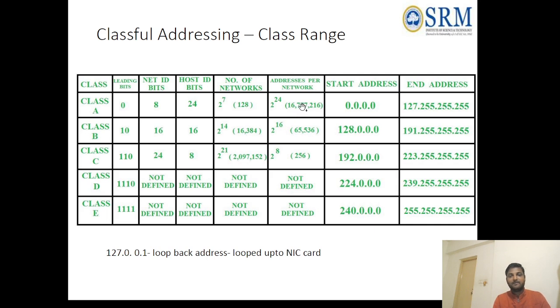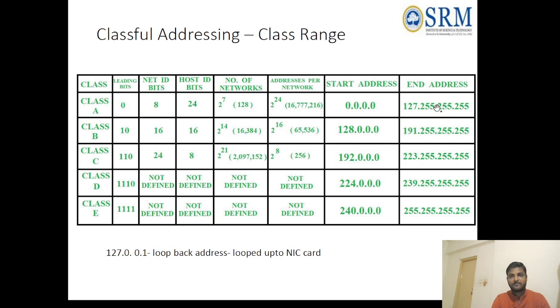And for host ID, we know hosts for class A is 24 bits long, and so the number of hosts possible is 2 to the power 24. And the starting address, obviously if the leftmost bit is 0 and we keep all the remaining bits as 0, the address will be 0.0.0.0.